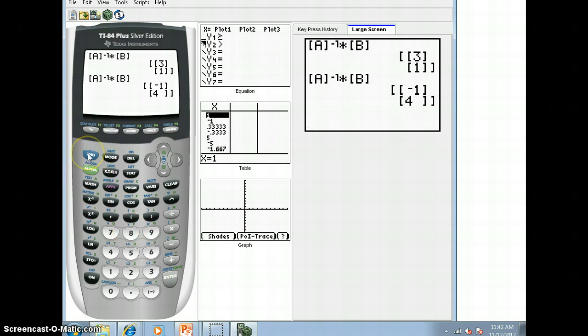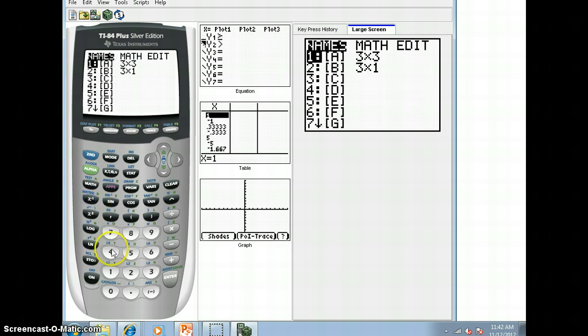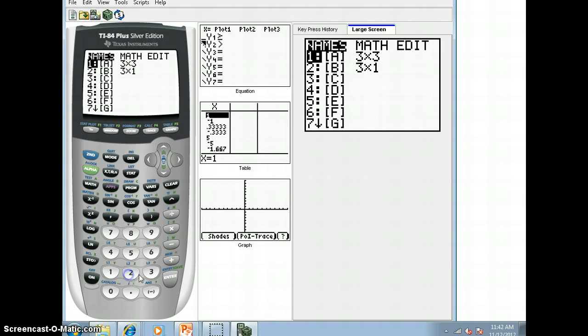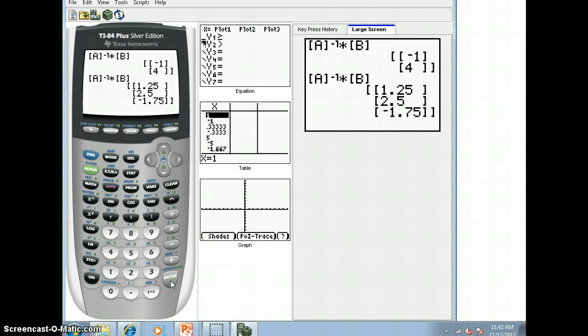Okay, so I'm going to ask the calculator to do A inverse B one more time. Second matrix A inverse times second matrix B equals, and this time my values come out to be 1.25, 2.5, and -1.75.